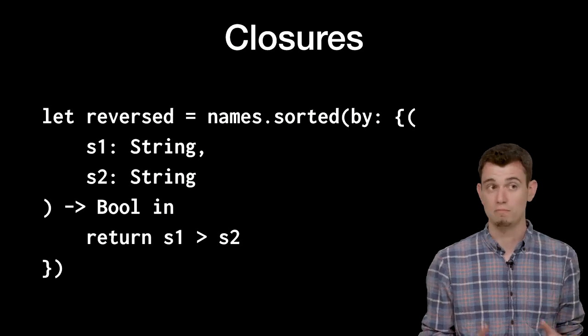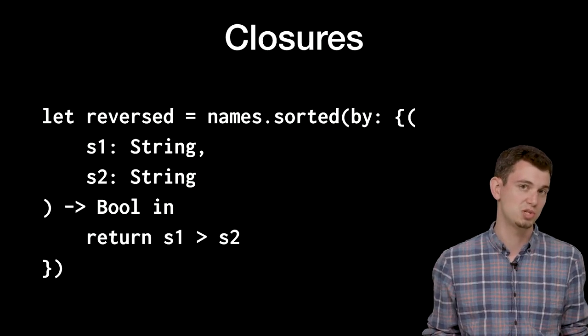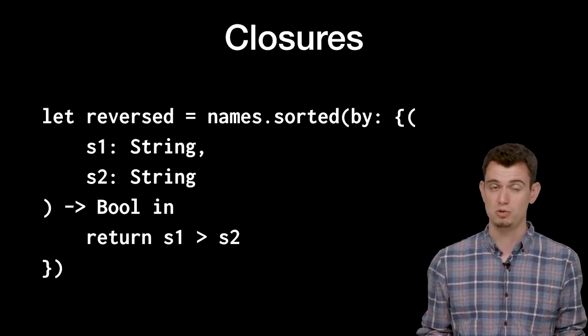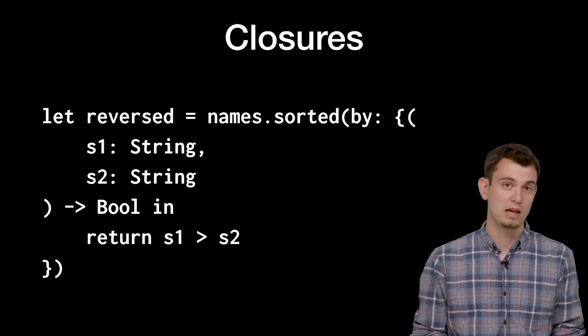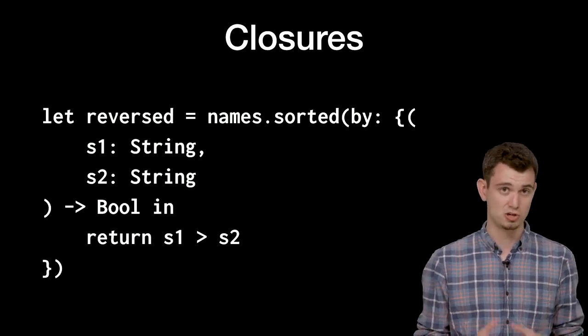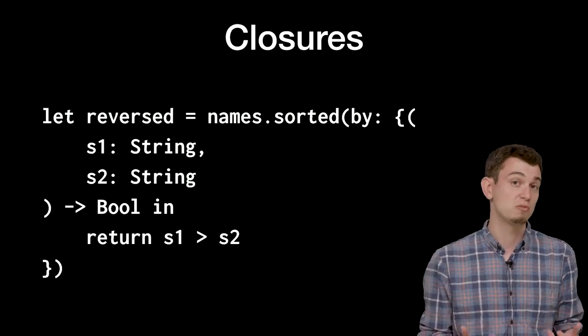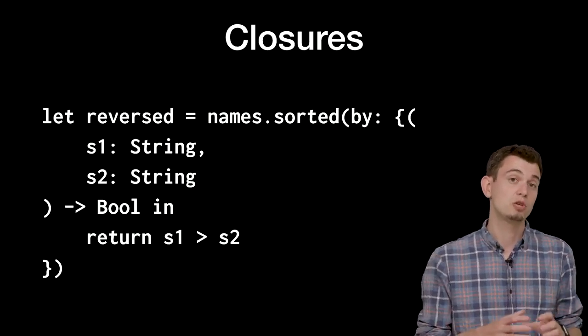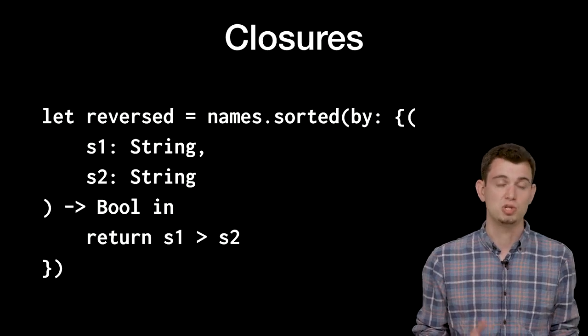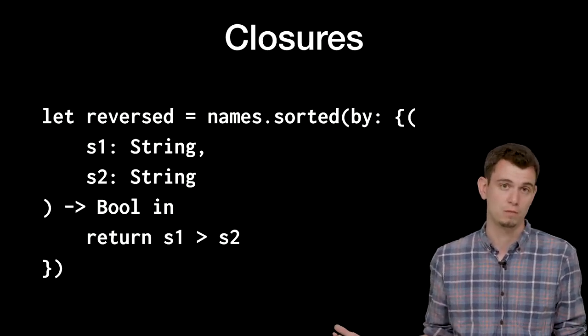This closure, or this function, just takes 2 arguments, one called s1, one called s2, and they're both strings, which you can see from the types. After that, it's that same right arrow that we saw before, and that just specifies the return type of our closure. From this declaration, what we're basically saying is I'm going to create a function. That function has 2 arguments, they're both strings, and this function returns a Boolean.